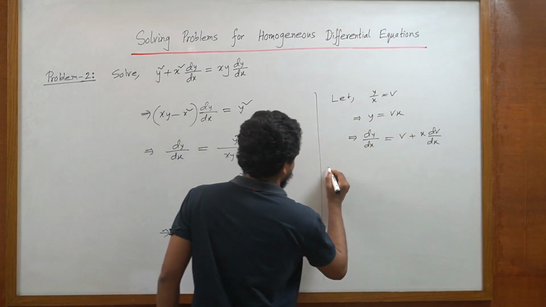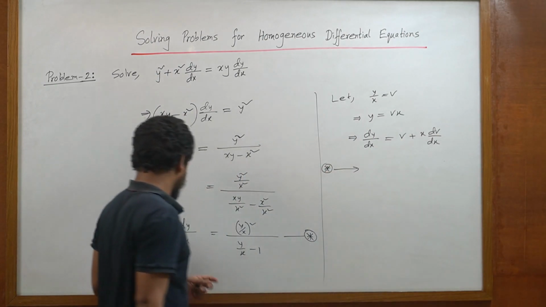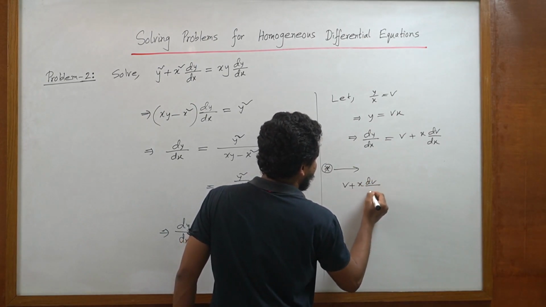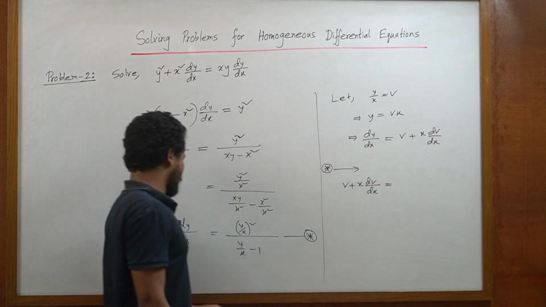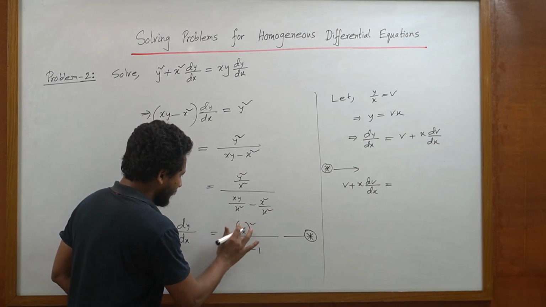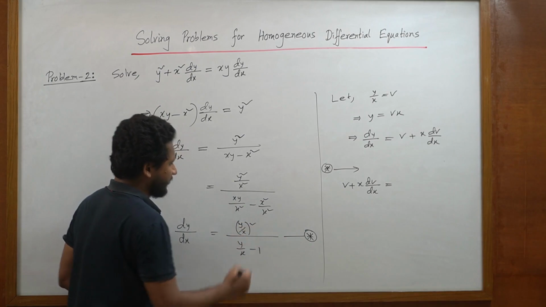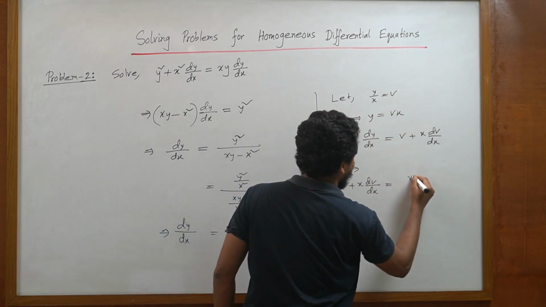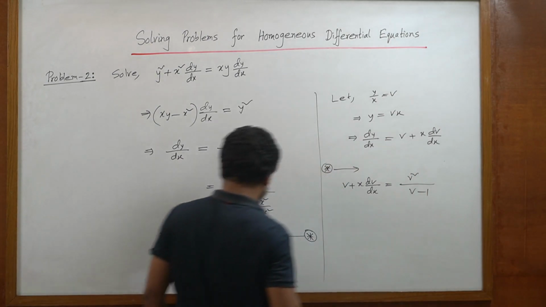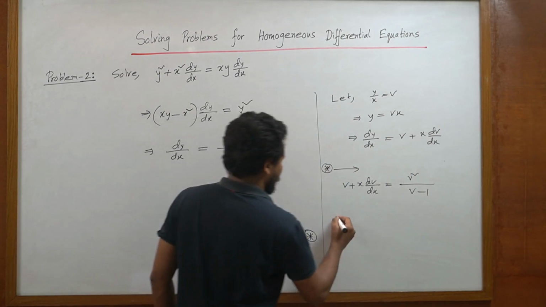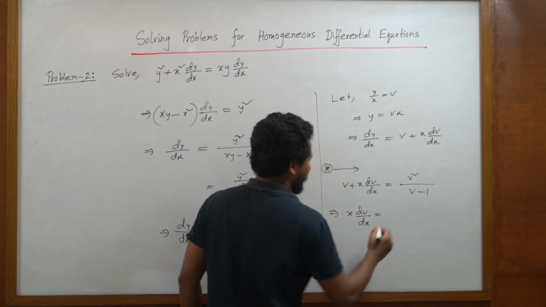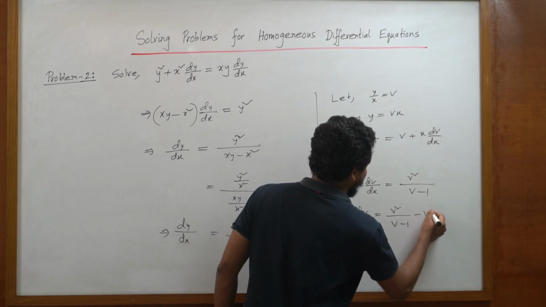Okay, so the star equation becomes dy dx as v plus x dv dx equals y by x, which should be v, so v square by v minus 1. Now x dv dx equals v square by v minus 1 minus v.